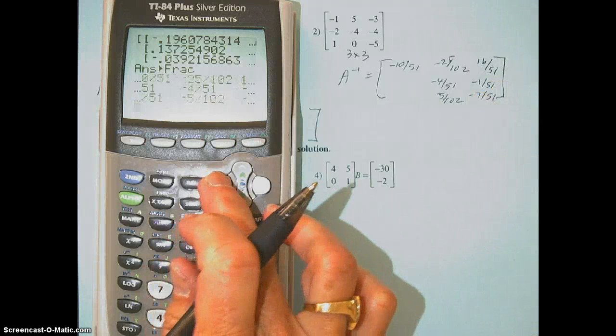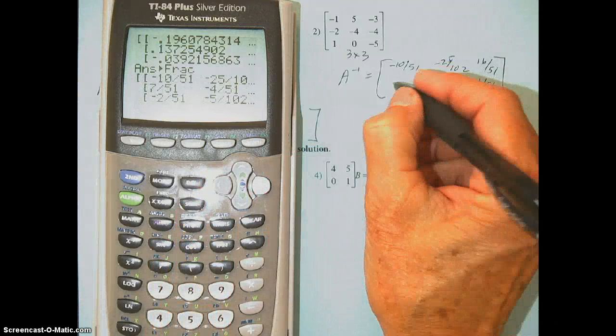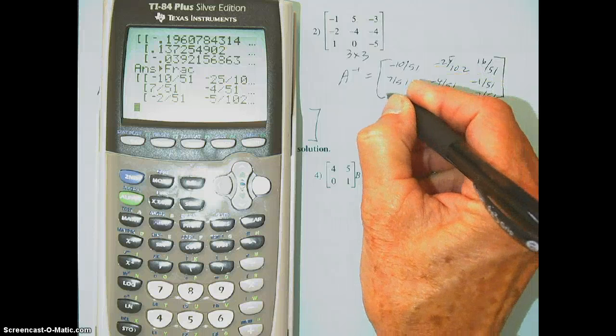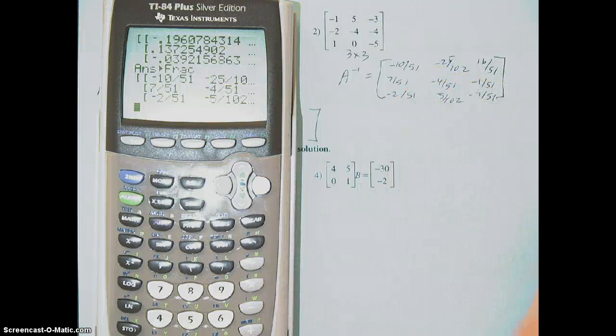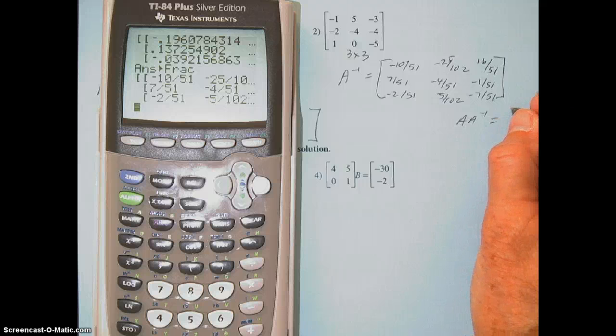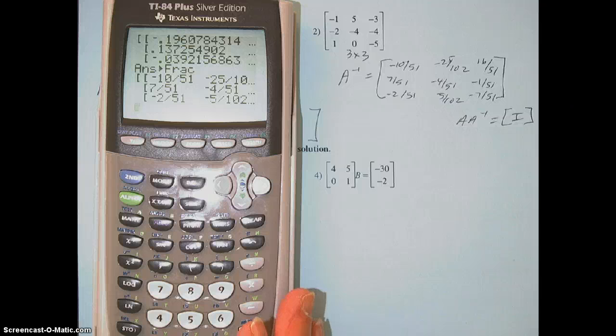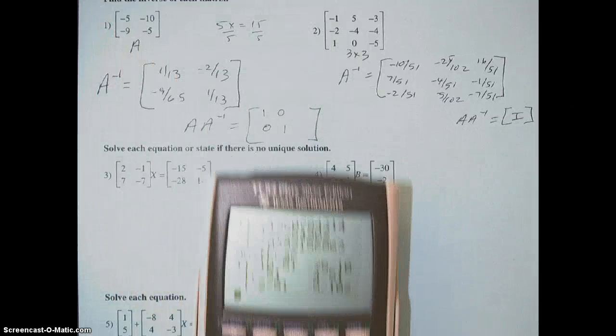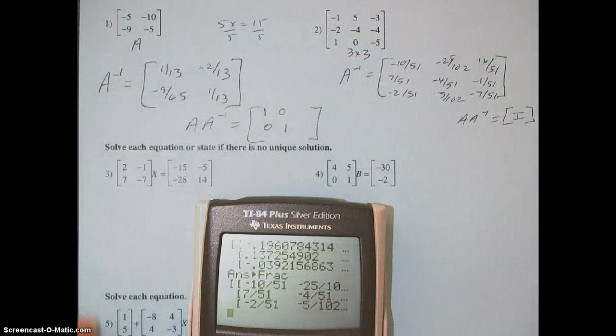This time the identity matrix will be all 1s in the main diagonal, and everything else will be 0s. The identity matrix is what we always get when we multiply A times A inverse. If it's a 2 by 2, it'll look like a 1 and a 0 here. If it's a 3 by 3, we'll have three 1s and the rest will all be 0s.